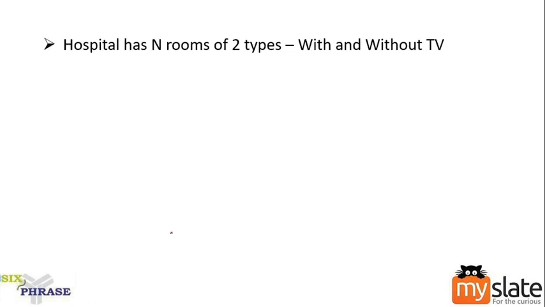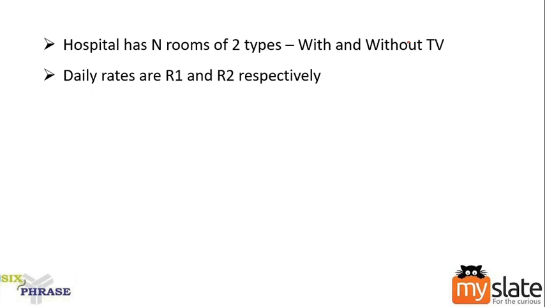Now take a look at just the important points of the problem. What are the important points? The hospital has a set of rooms, with the TV and without TV, and you know their rates, R1 and R2, and their preference. What is the preference of patients? Patients prefer rooms without TV, but if those are filled up, they'll go to rooms with the TV.